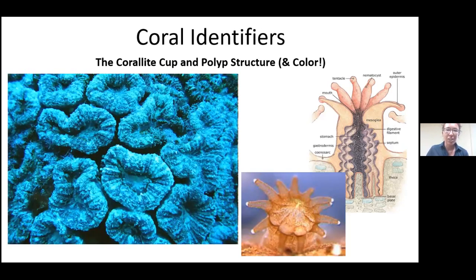And then here is one of my favorite species. This is a Mussa angulosa, and this is a kind of mix between a solitary colony and a true colonial species of coral, where each of these polyps is massive. They can get up to 6 to 8 inches in diameter each, so quite large.